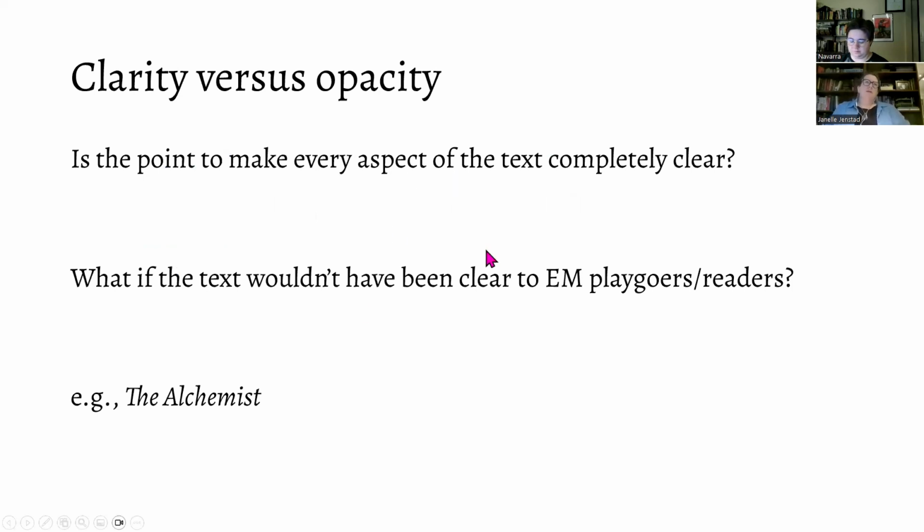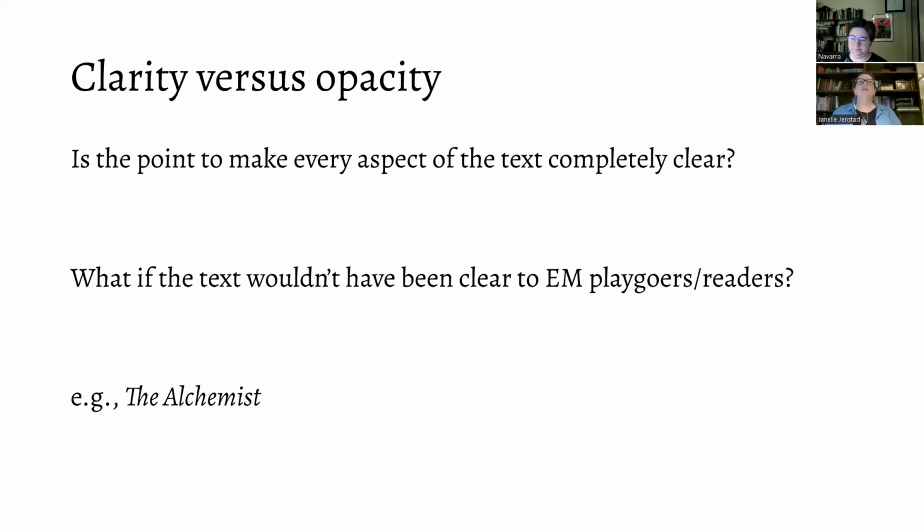Okay, so let's trouble that a little bit. One of the things I've been thinking about for a really long time, I gave a paper in 2013 called In Praise of Opacity, in response to editorial guidelines that called for clarity. It is not the case that every text would be perfectly clear to the early modern reader or playgoer.